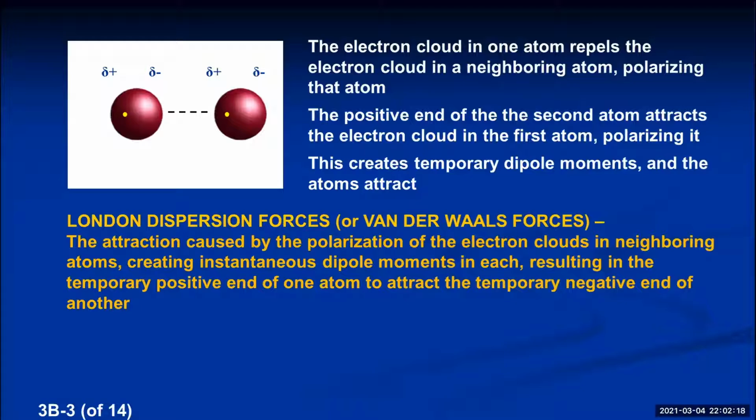They have a positive end and a negative end. What does this do? This creates instantaneous dipole moments. Sometimes we just call them temporary dipole moments, but you can say temporary or instantaneous. And this results in the temporary positive end of one atom attracting the temporary negative end of the other. And you have a London dispersion force.